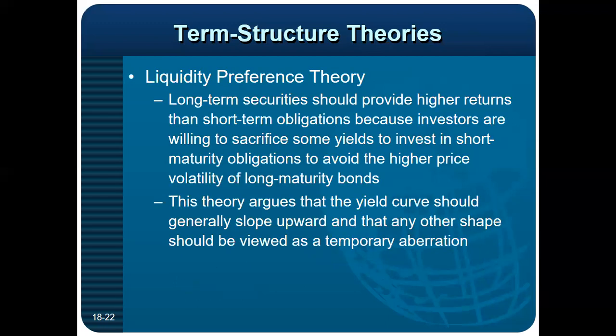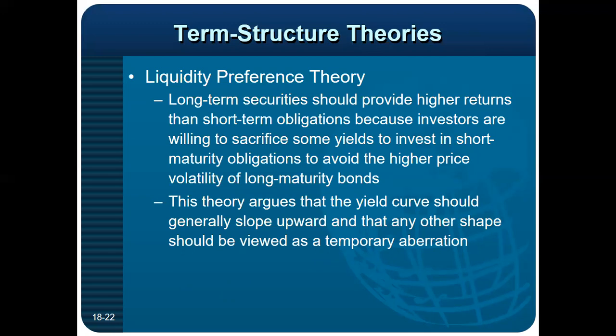Second, the term structure theory is the liquidity preference theory. So it depends on the liquidity. Long-term securities should provide higher returns than short-term obligations because investors are willing to sacrifice some yield to invest in short maturity obligations to avoid the higher price volatility of long-term bonds.